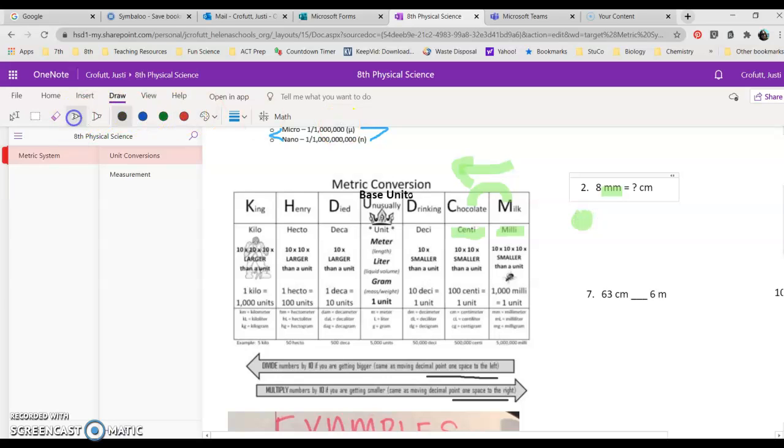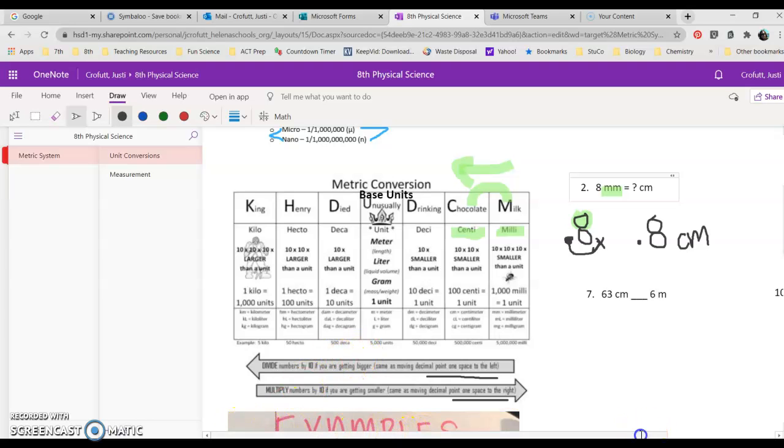I have 8 millimeters, and my decimal is right there. I move it to the left one spot, redraw the decimal and get rid of the old one. Our answer should be 0.8. So 8 millimeters is 0.8 centimeters, and that would be your correct answer to plug in.